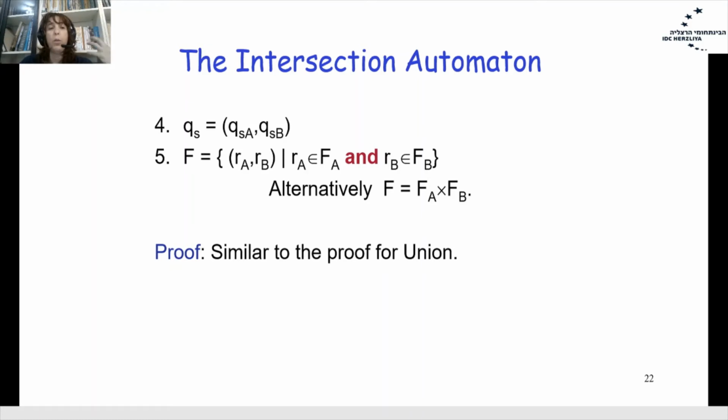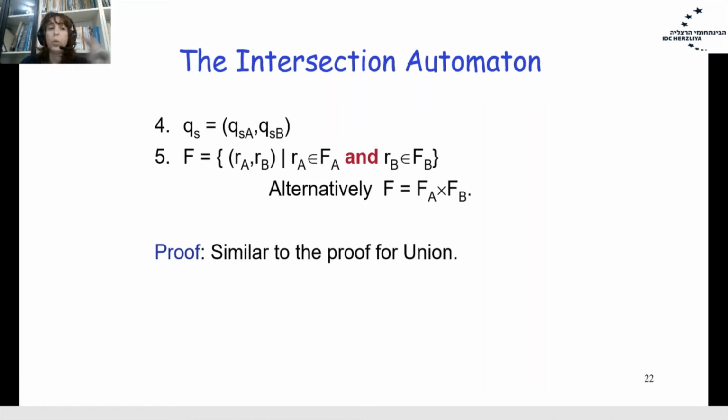Now our set of final states will be the set of all couples RA, RB, where RA belongs to the final states of automaton A and RB belongs to the final states of automaton B. Or we can define it in an alternative way: F equals FA Cartesian product FB.